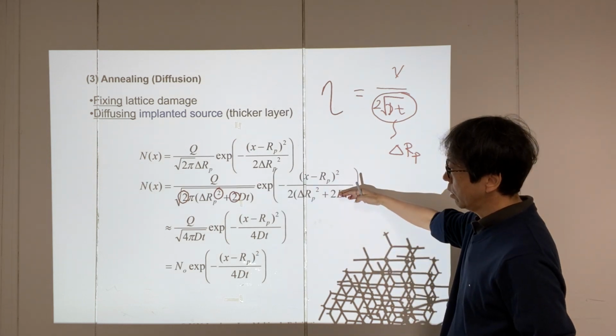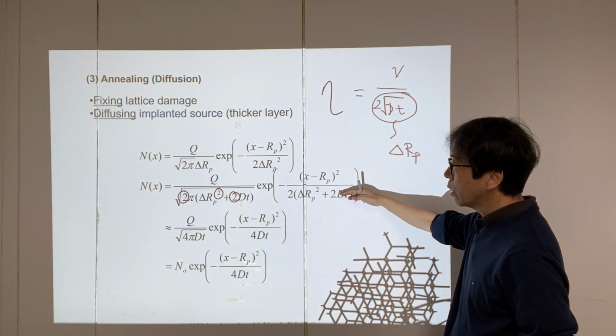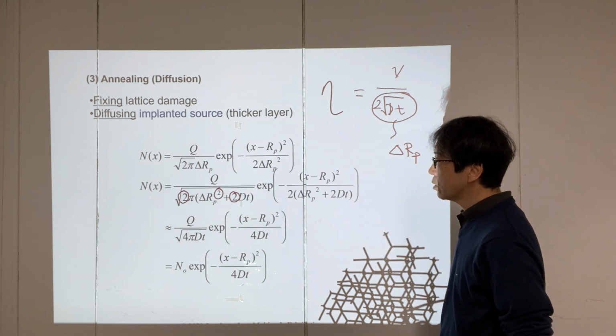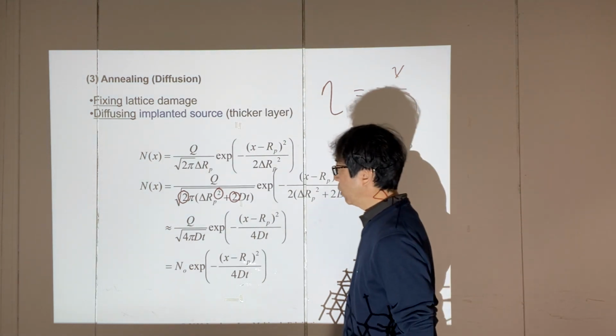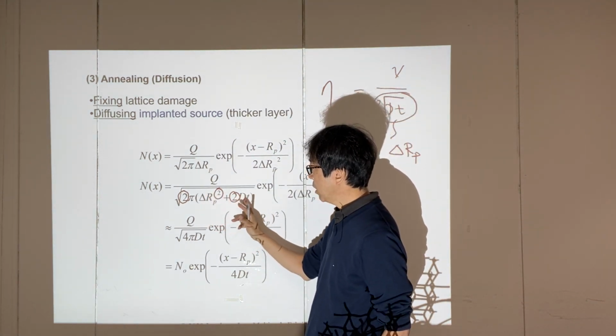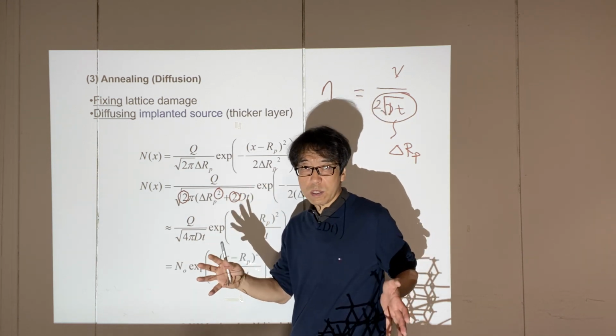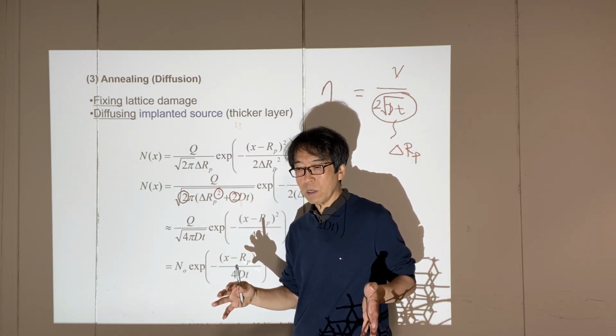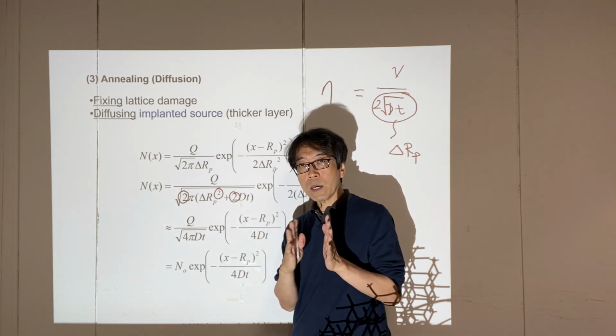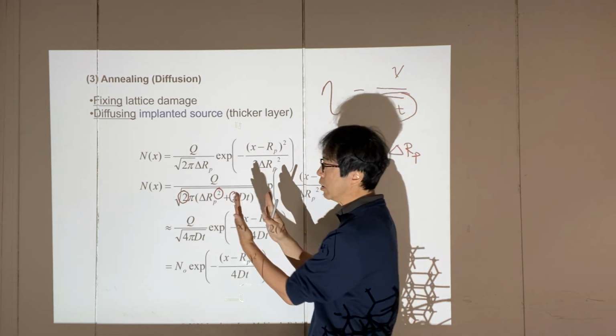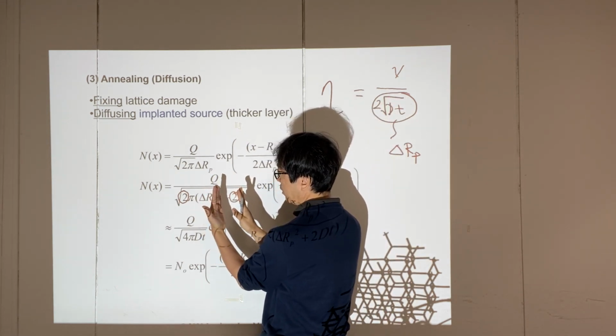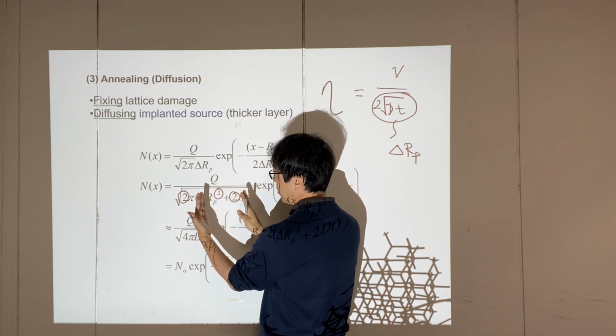The mean value will always be there, and the distribution will become broader and broader following this formula. And because delta Rp is usually very small compared with the square root of Dt, which is the diffusion distance. Diffusion occurs along a long distance, and the straggle is just as small, right? So initially it's a very narrow band, but becomes a broader and broader band.